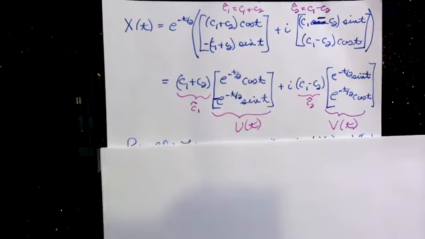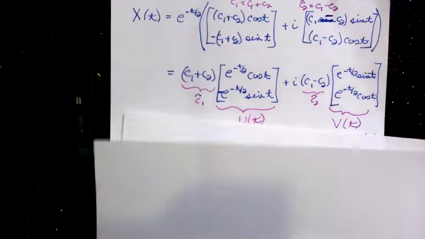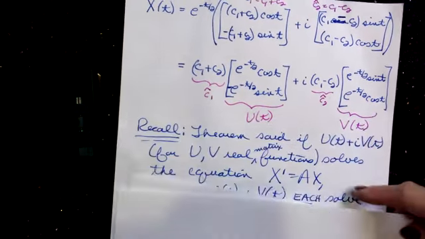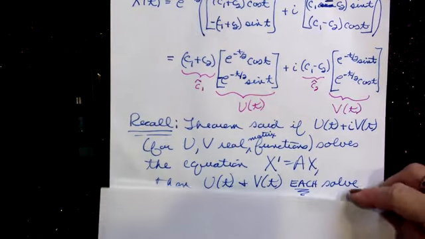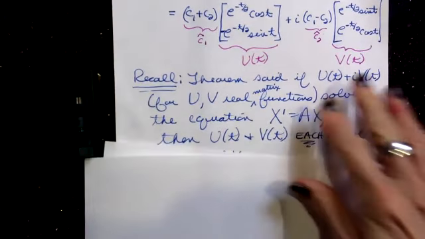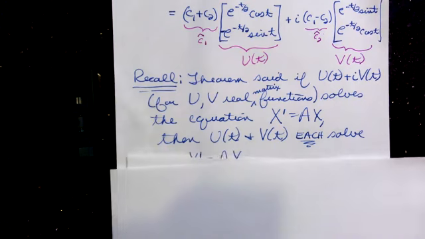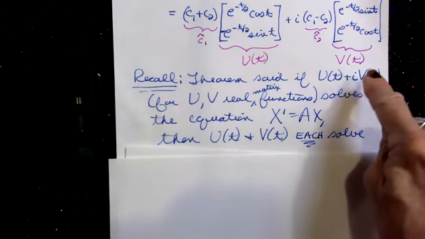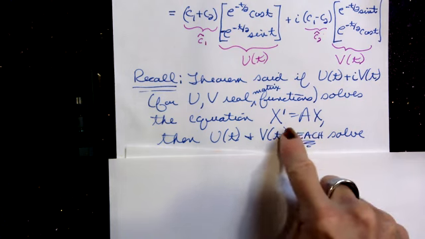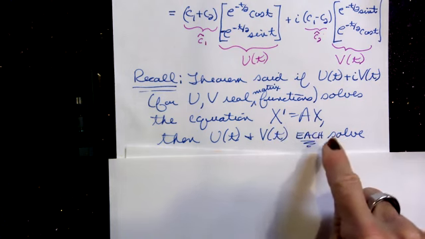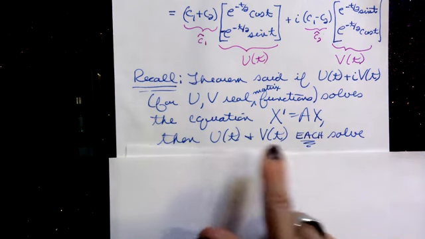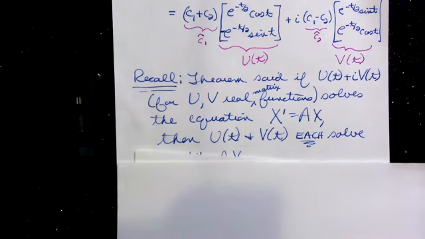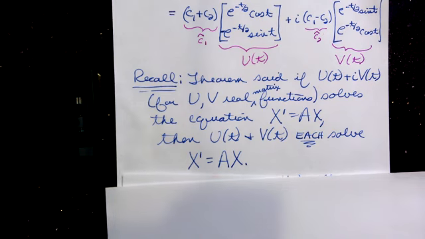Well, in the previous video, you saw that if you have a solution of the form u plus I v for u and v real matrix functions, and that u plus I v satisfies the matrix equation x prime equals A x, then u and v individually also satisfy the same matrix equation.